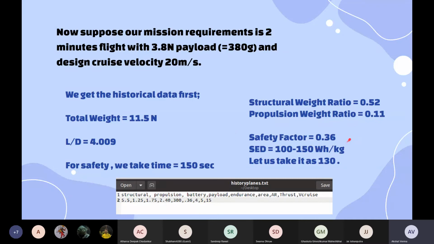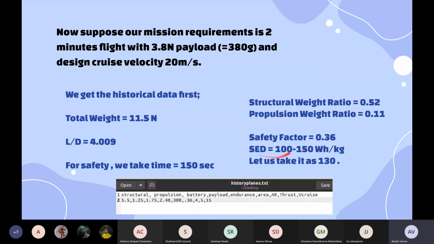The safety factor, as I told, covering the battery, propeller efficiency and the takeoff and landing part, comes out to be 0.36. The specific energy density, as I told you, comes out to be 100 to 150 watt hour per kg.